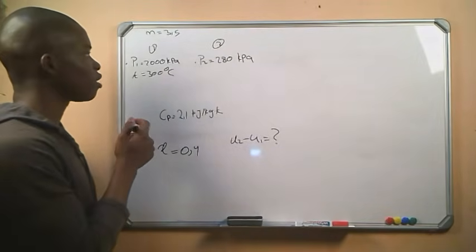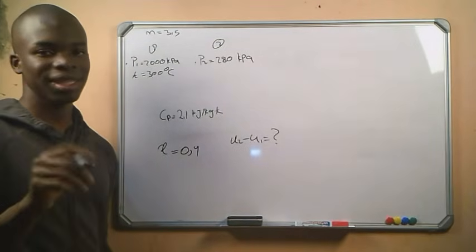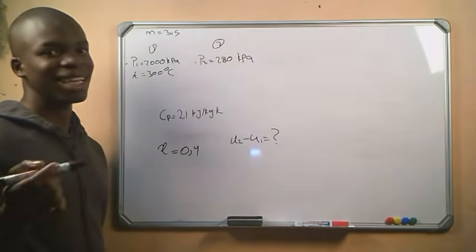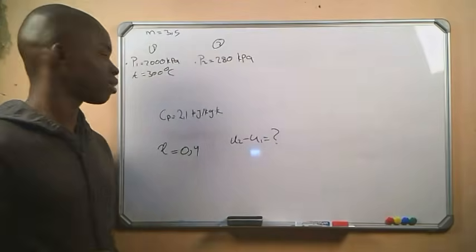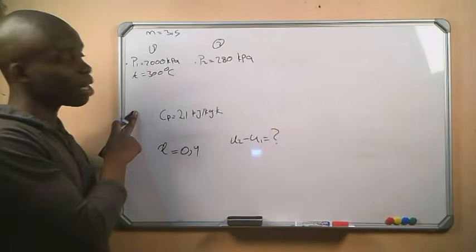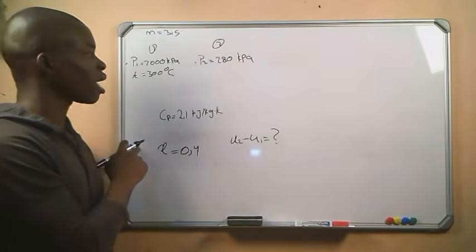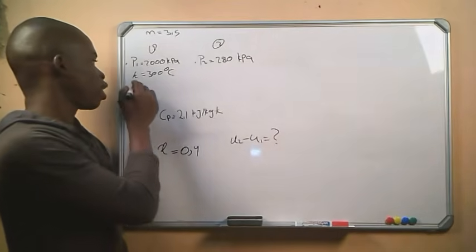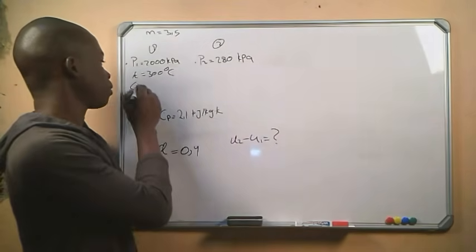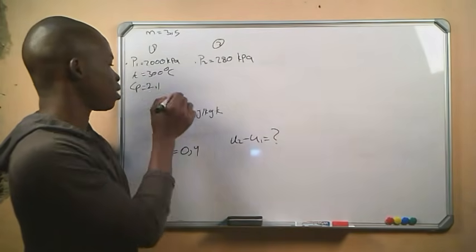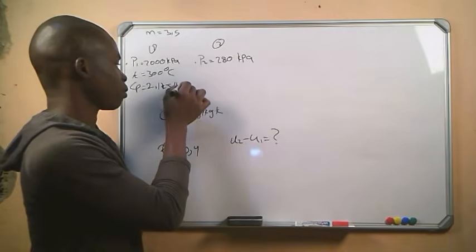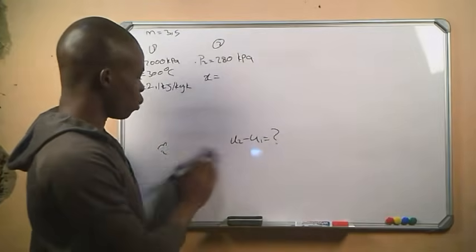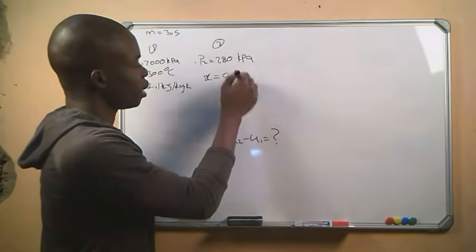In this case, it is easy because the only steam that will have a temperature higher than the saturation temperature is the steam that is superheated. Since we are given the temperature of 300 degrees Celsius, this is the superheated steam. And then we put here the specific heat capacity of superheated steam, kilojoules per kg Kelvin.